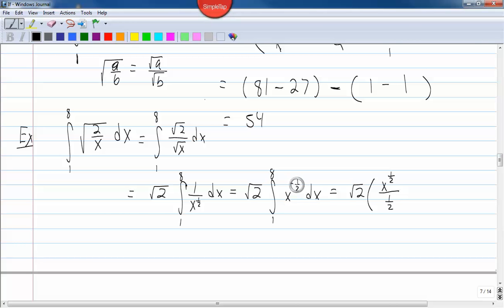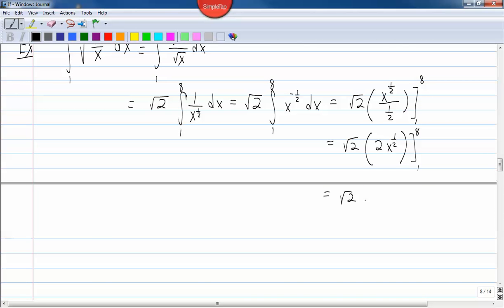Add 1 to the power, divide by the new power. That's what I did right there. Now this part has to be evaluated from 1 to 8. So this is the square root of 2 times, if I flip and multiply that, that's 2 x to the 1/2, and that part is evaluated from 1 to 8.